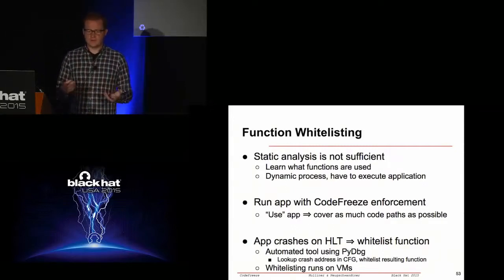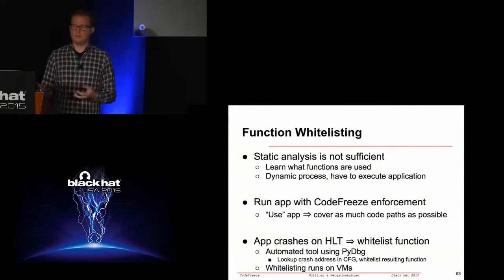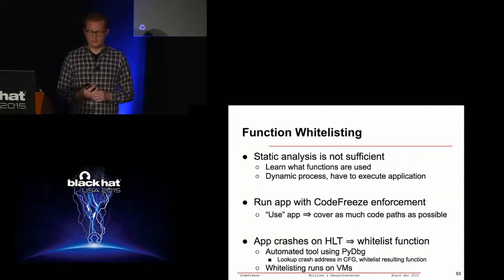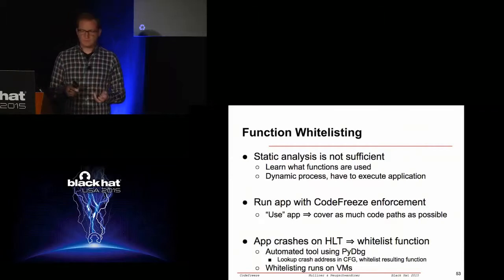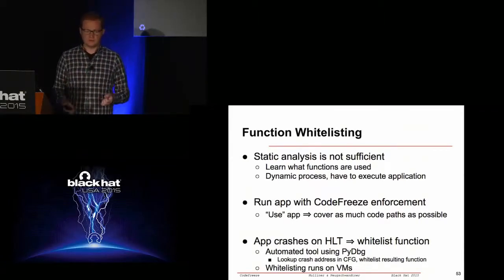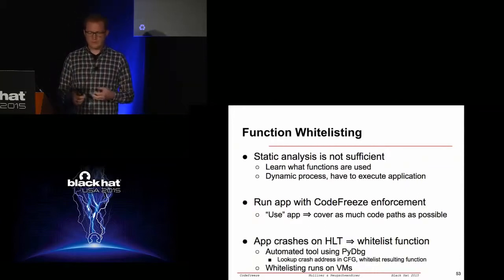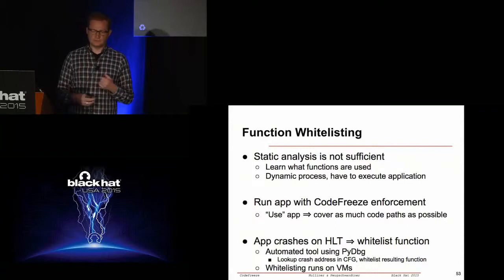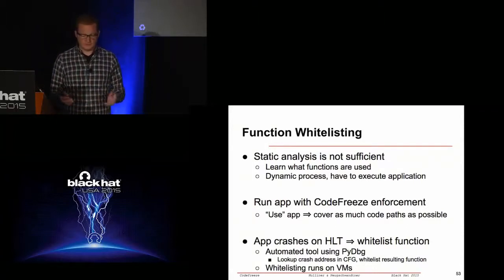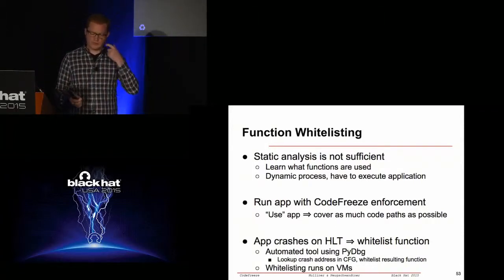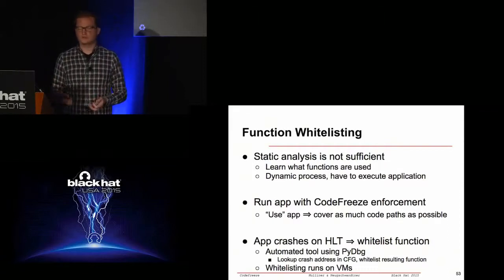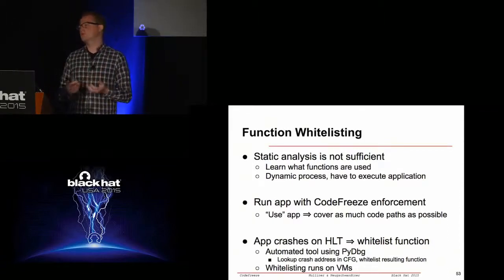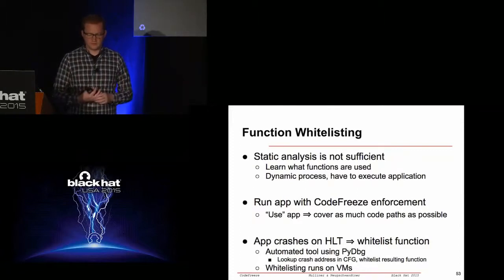So we have this special mode where we run an application with code freeze enforcement turned on, and then we have a small script which interacts with the application to cover as much functionality as possible. If during this normal execution in our test environment we trigger a crash due to a halt instruction, we then automatically whitelist and restart the testing.